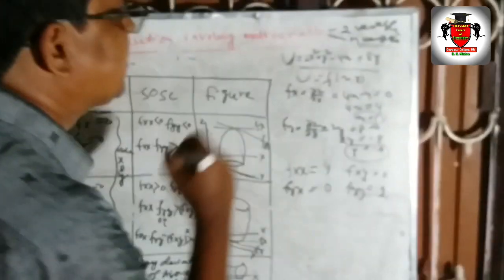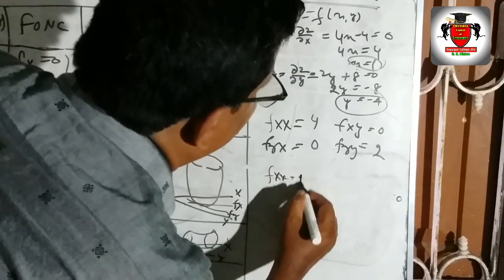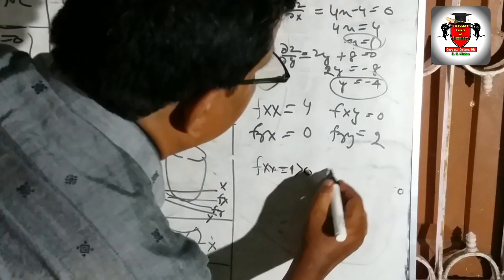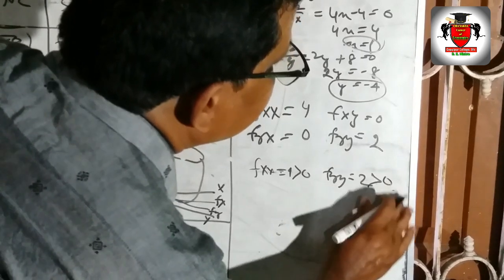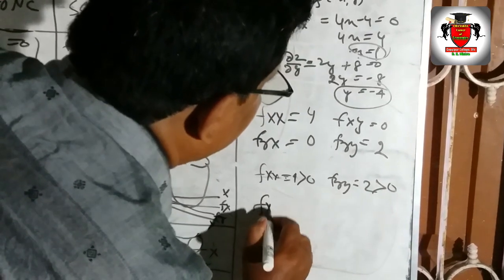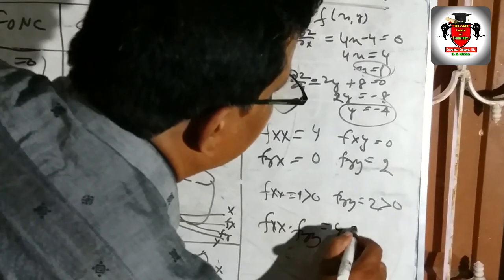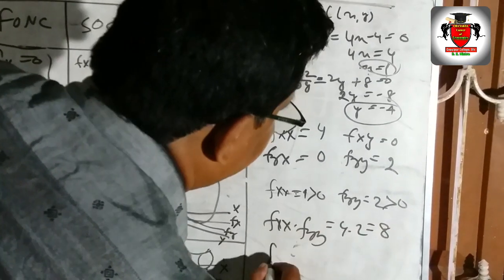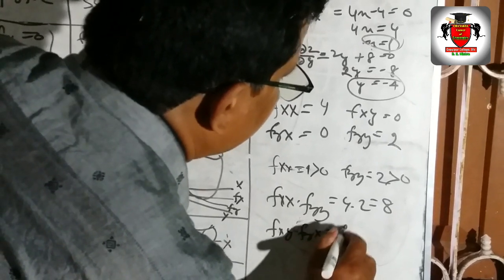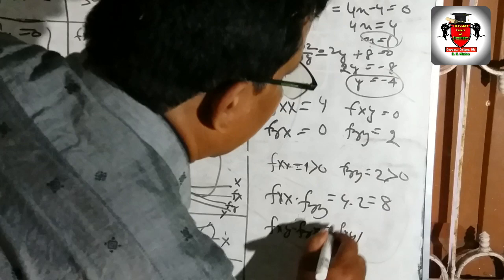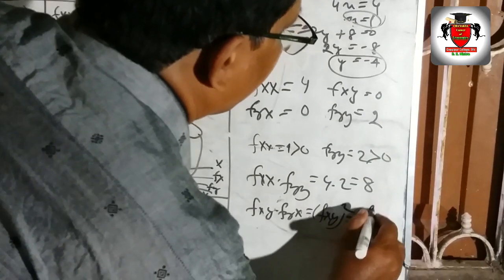So from this information we find that fxx equals 4, which is greater than 0, and fyy equals 2, which is greater than 0. fxx times fyy equals 4 times 2 equals 8, and fxy times fyx equals fxy squared equals 0 squared equals 0.